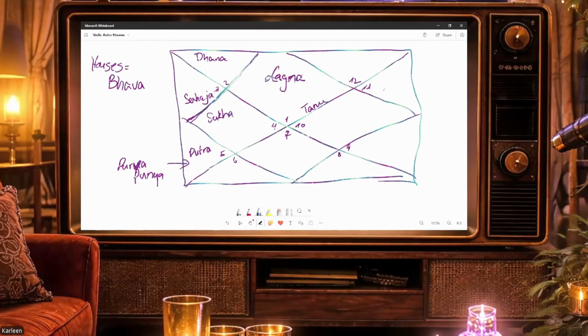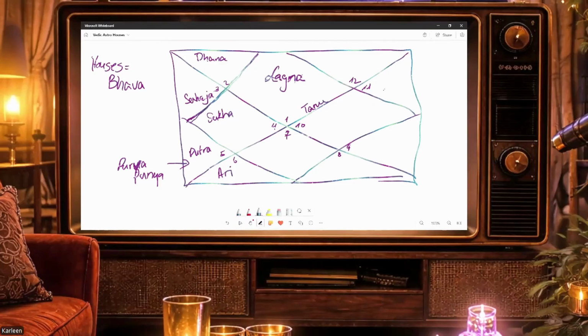The sixth house is also really interesting compared to Western astrology. This one is called Ari Bhava. And this has to do with enemies, with debts, disease, service, the services that you offer or provide in life, obstacles, litigation, your maternal uncles. And it's one of the Dusthana, and we're going to get into what Dusthanas are in a second, one of the difficult houses.